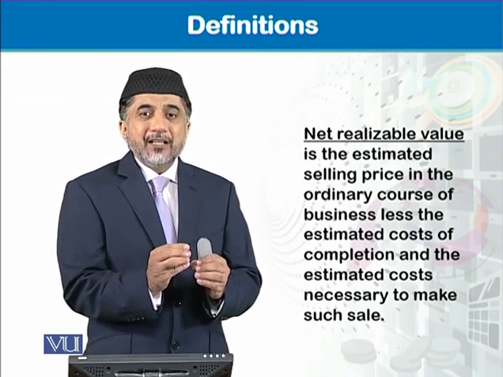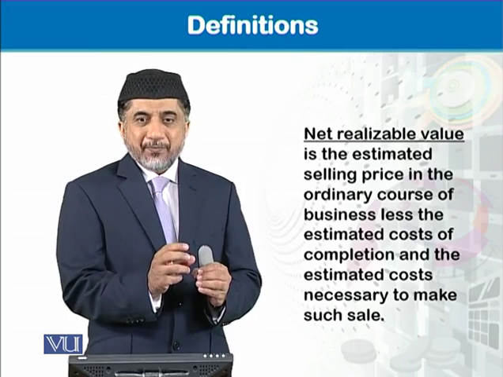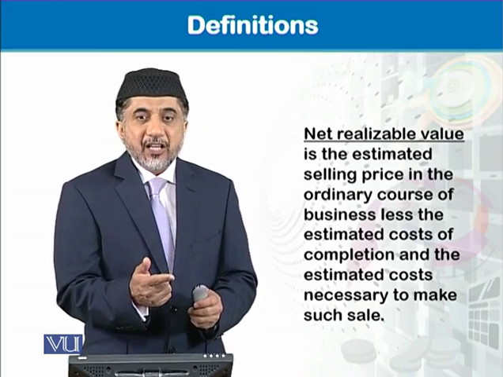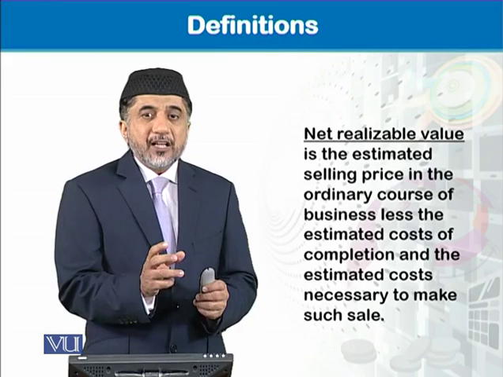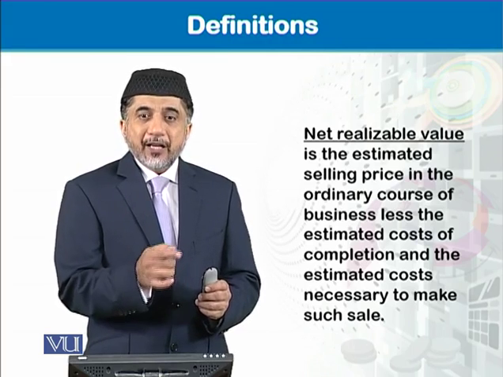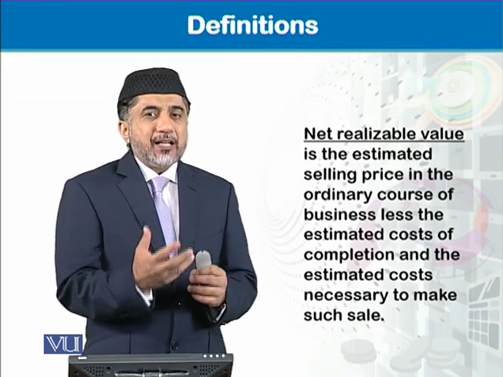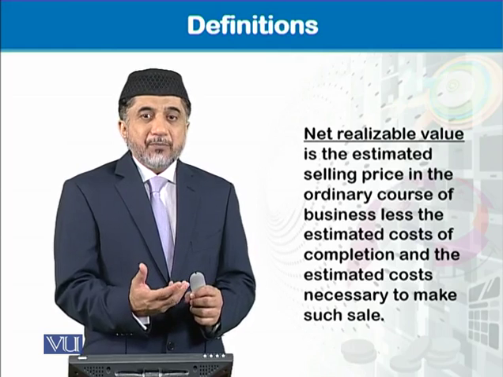And then we will get the net realizable value, obviously after subtracting the cost to make such sale. This cost to make such sale is in fact the selling expense to make those sales happen. The thing is that all these are estimated costs or estimated selling price.